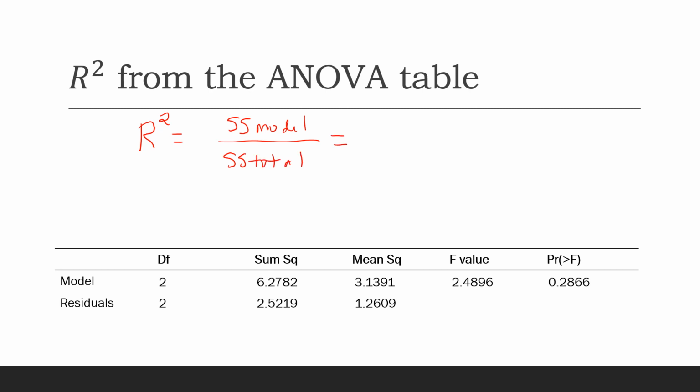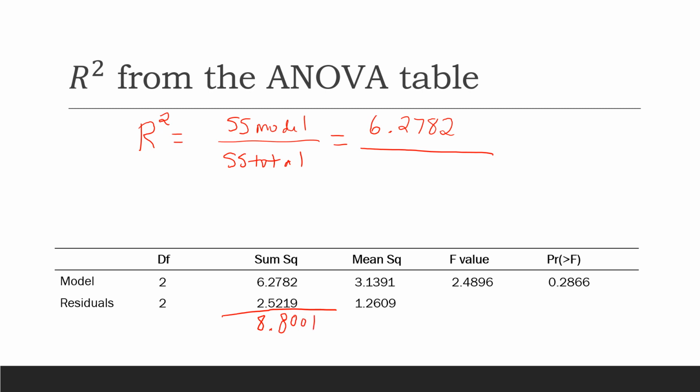And so if I take 6.2782 and then divide it by the total sums of squares, I'm adding these two pieces. When I add the sums of squares, I get a total of 8.8001.